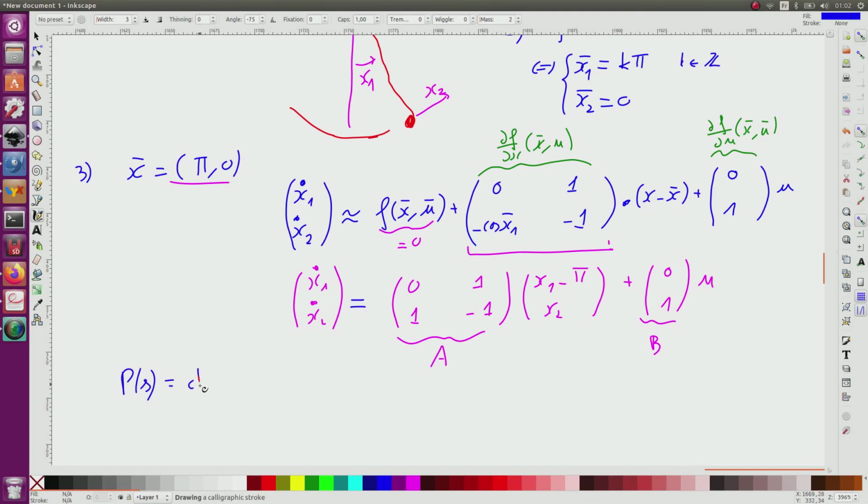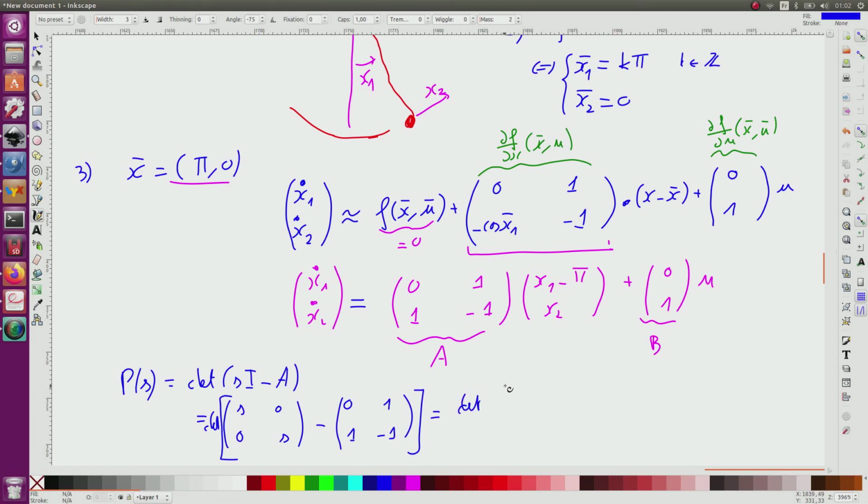It is given by the determinant of sI minus A. So I will have s 0, 0, s minus A, so 0, 1, 1, minus 1, and this is equal to the determinant of s, minus 1, minus 1, s plus 1.